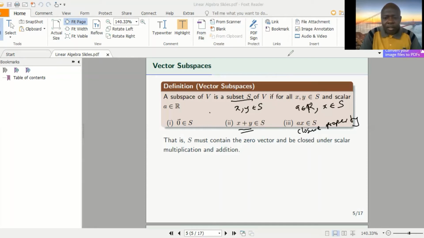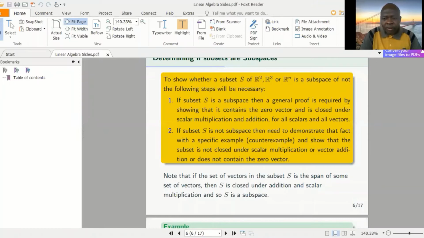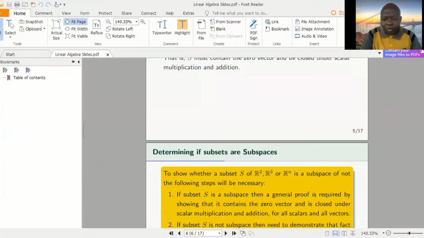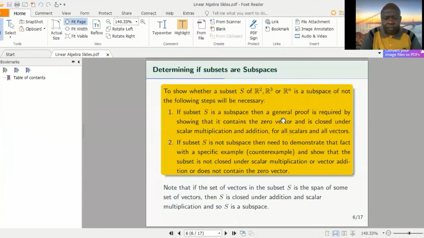So let's look at examples. No, just before that, I've said determining if subsets are subspaces, and in fact, I'm just repeating what I've already said.